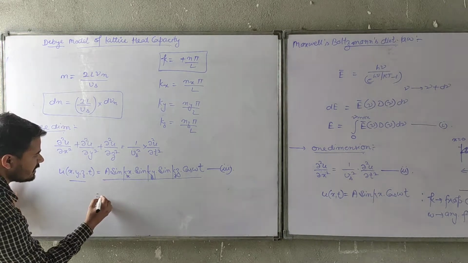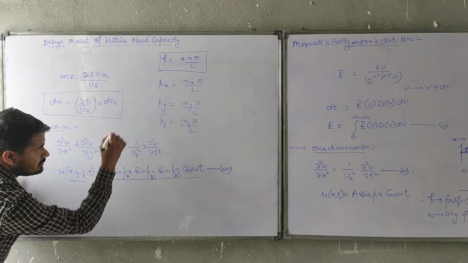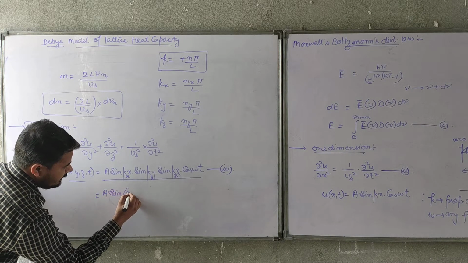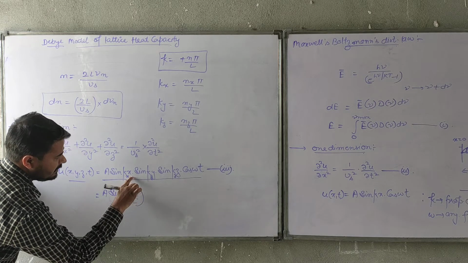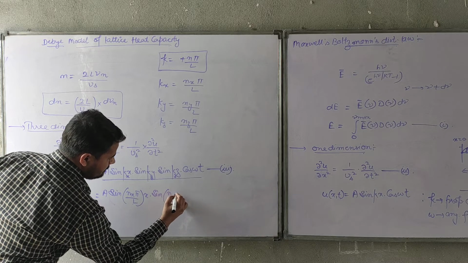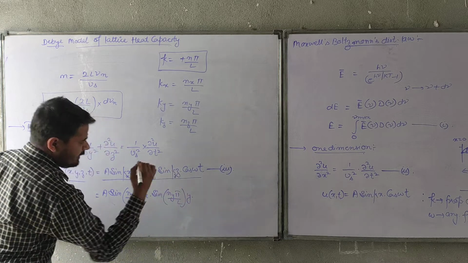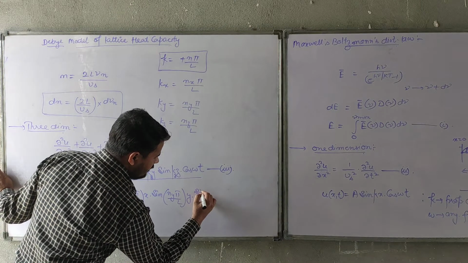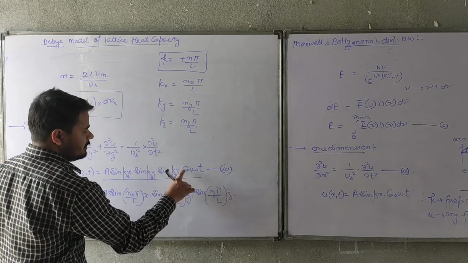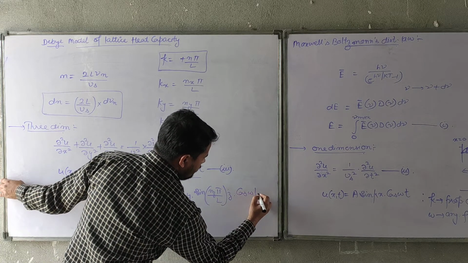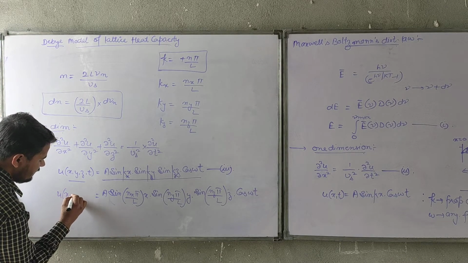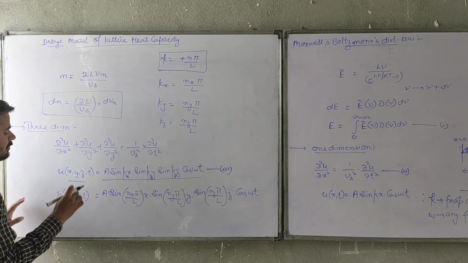That's why this equation becomes sine of kx, that is sine of nx π/l into x, into sine of ny π/l into y, into sine of nz π/l into z, into cos of omega t. This complete factor equals what? That is the solution u of x, y, z, t.